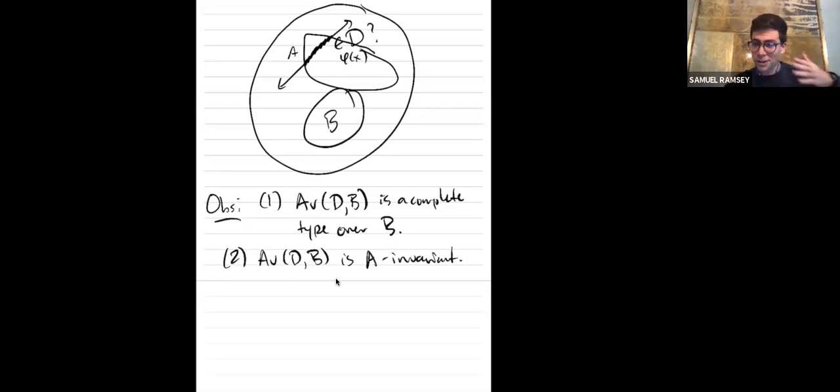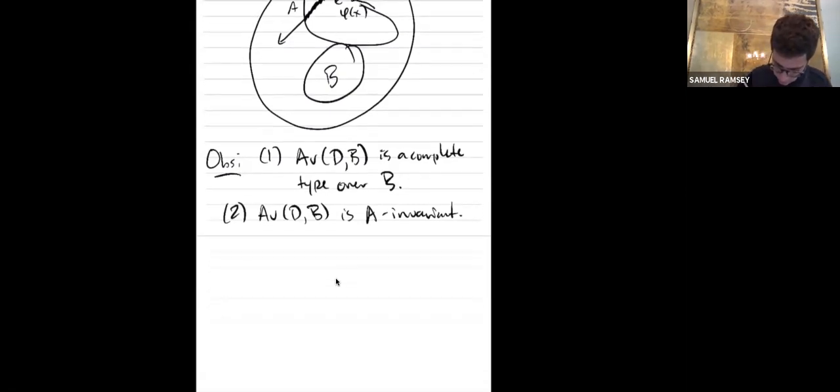So the question of whether or not a formula goes in or out of the type is really determined just by information in A, namely which sets in A are big. And that's going to be more or less the proof why it's A invariant. Okay, so let's prove these things. And this will be the last thing we do today. And then we'll finish the second proof of the lemma at the beginning of Wednesday.